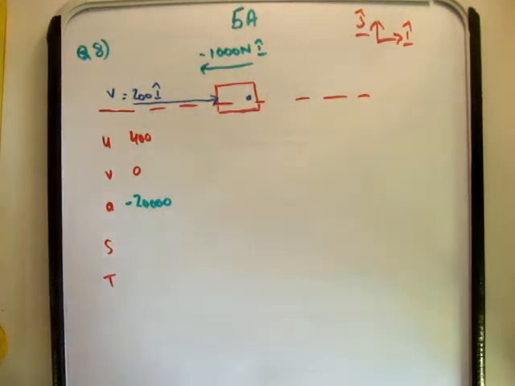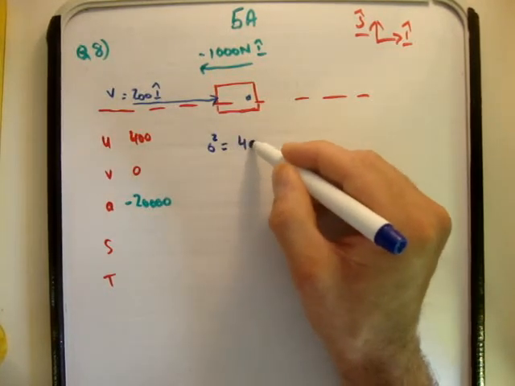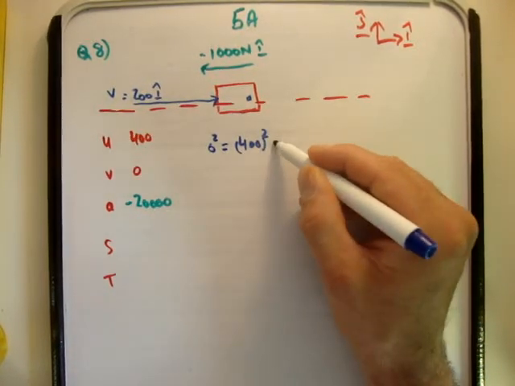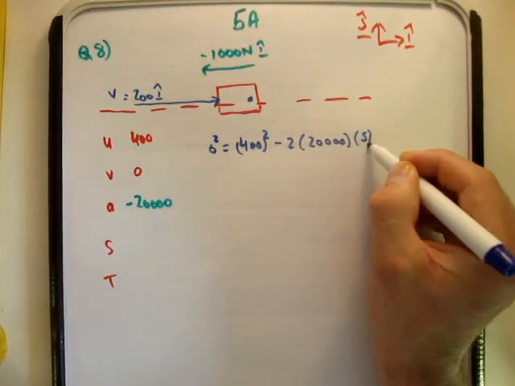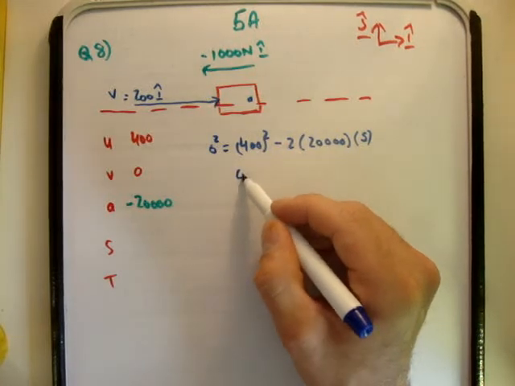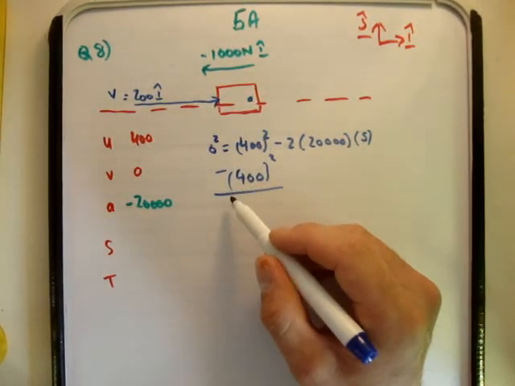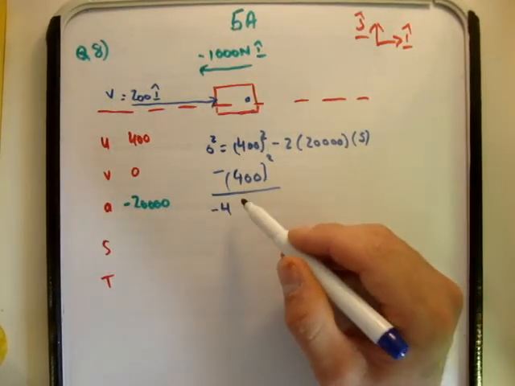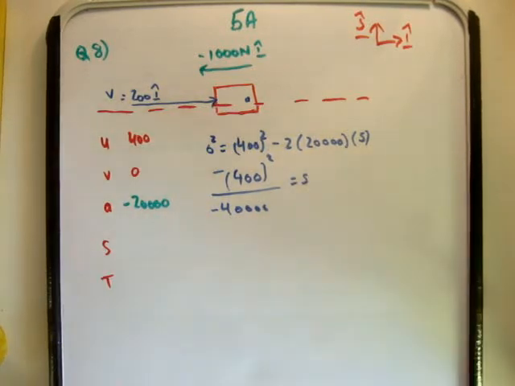So you go v squared is equal to u squared plus 2as. We're going to get 0 squared is equal to 400 squared minus 2 times 20,000 times s. So if we divide negative 400 squared by negative 40,000, we're going to get our distance.